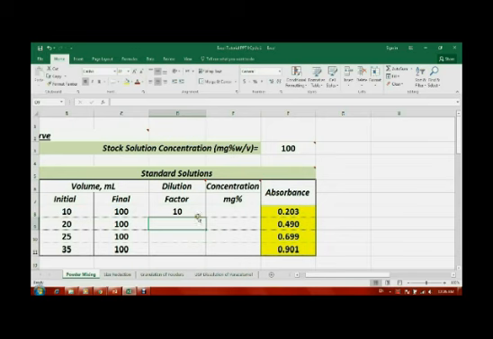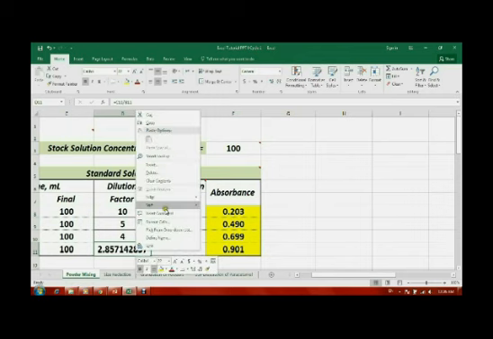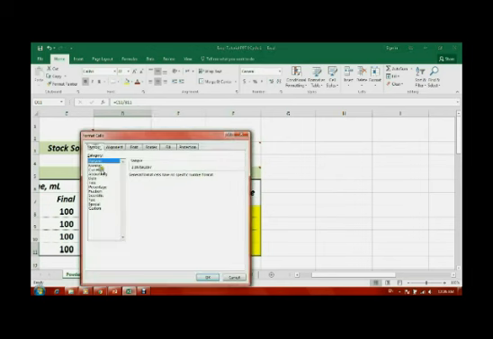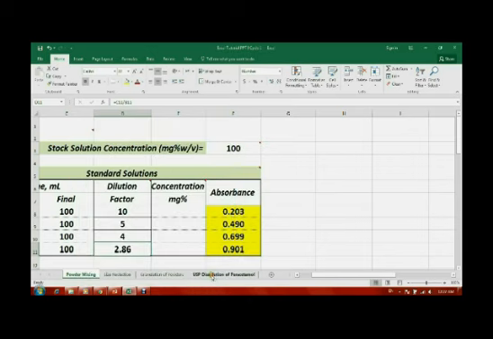To calculate each standard solution concentration, please calculate first the dilution factor. Then the standard solution concentration will be equal to what? To the stock solution concentration divided by the dilution factor.